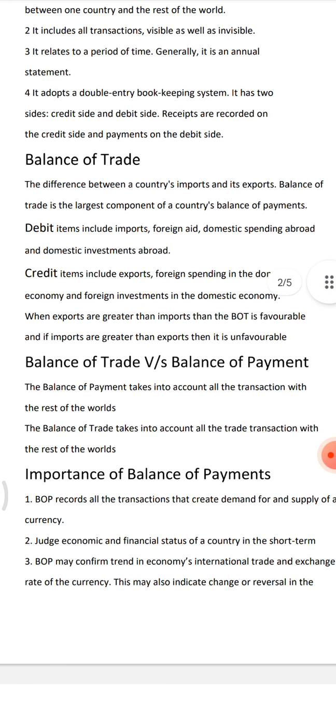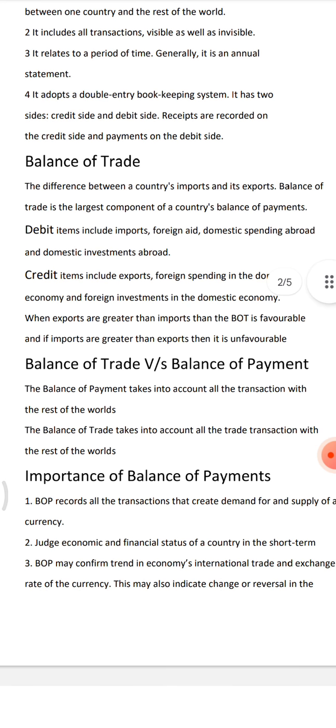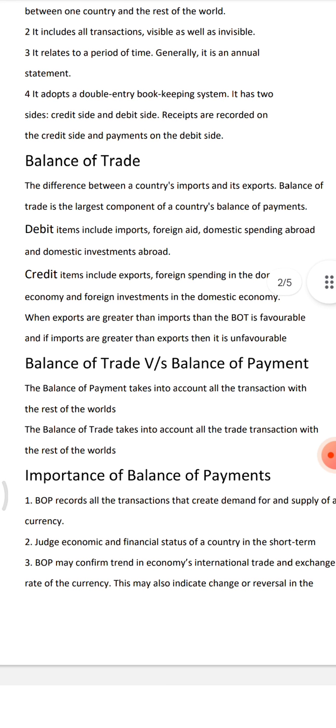Now the balance of trade may be in surplus, deficit, or equilibrium. As written here, debit items include imports, foreign aid, domestic spending abroad, and domestic investments abroad. Credits are exports and foreign spending in the domestic economy.